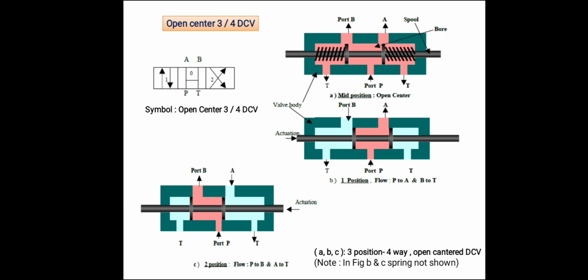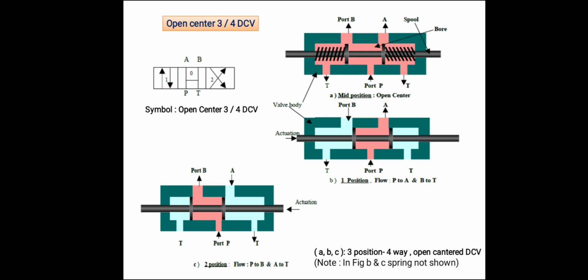In the figure you can see this type of DCV consists of 3 switching positions. Most 3-position valves have a variety of possible flow path configurations but identical flow path configuration in the actuated positions, position 1 and position 2, and different spring centered flow paths. When the left end of the valve is actuated, the valve will assume the first position.